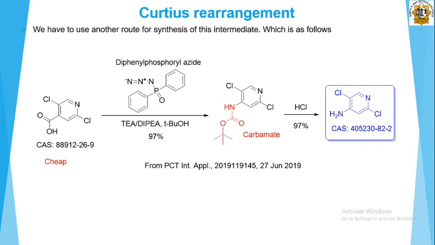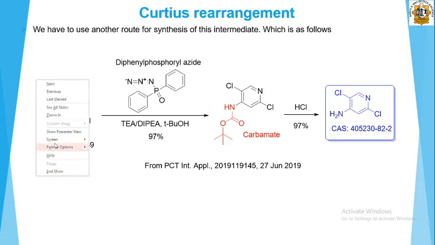There is a reagent known as DPPA, diphenyl phosphoryl azide, which gives protected amine or direct amine if we use a carboxylic acid as the starting material. This is again a cheap material.